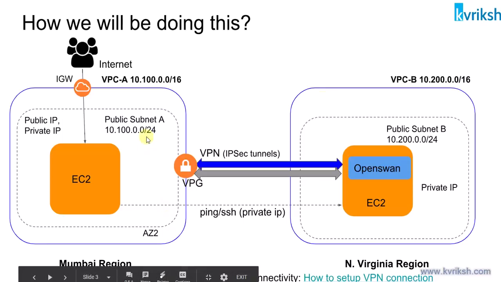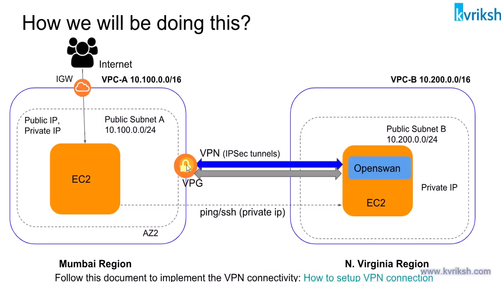Then from the AWS VPC we will create a virtual private gateway, and on the customer side network we will create one EC2 machine, on which we will install OpenSWAN, a software-based VPN, so that we can create this VPN connectivity.